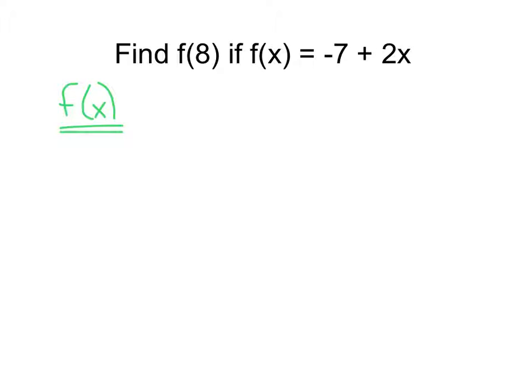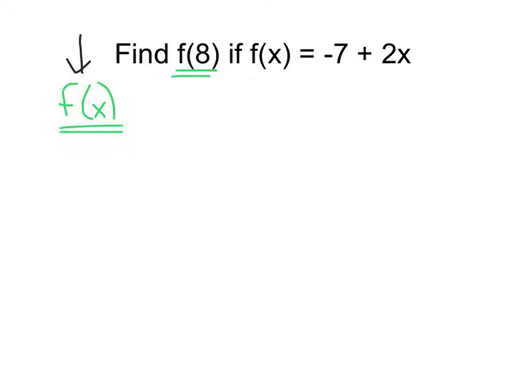So what you're being asked to do here is to find f of 8. I want to remind you that f of x means y. So in this question, you're asked to find f of 8 if f of x, that's y, equals -7 plus 2 times x.